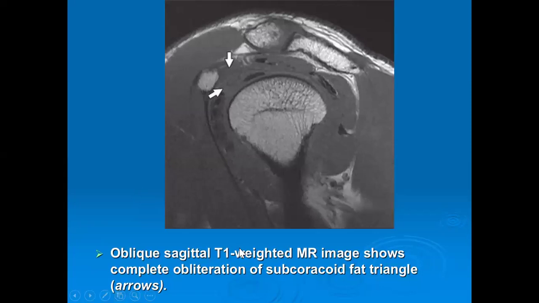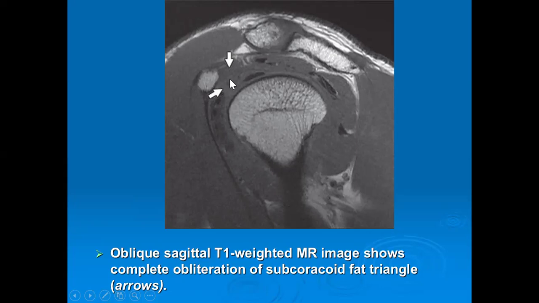This oblique sagittal T1 weighted MR image shows the complete obliteration of the subcoracoid triangle. If there were a normal subcoracoid triangle, this area would look brighter, just like this area, because fat looks brighter on T1 weighted images.